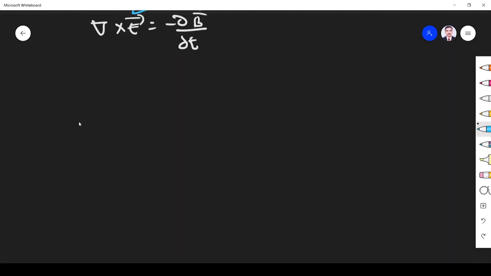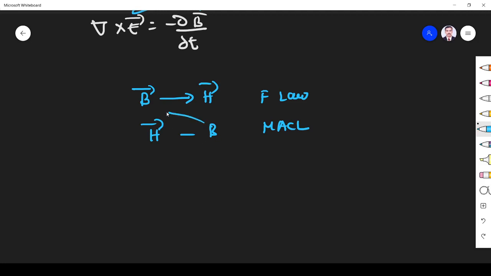So from B we get E, Faraday's law. From E you get B, modified Ampere circuital law, right? So a change in electric field induces a changing magnetic field. That changing magnetic field will induce a changing electric field. That's a cycle. That's how the EM wave propagates, right?